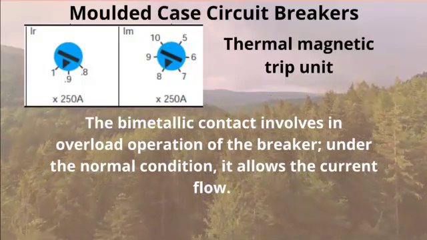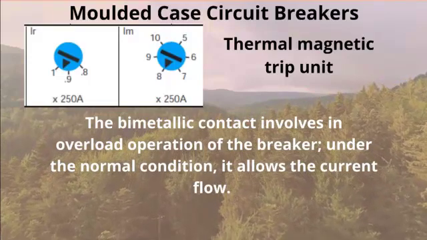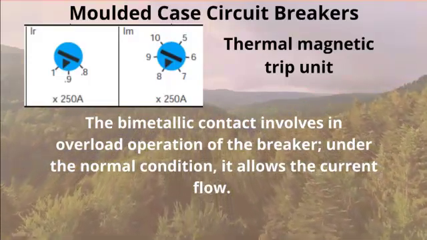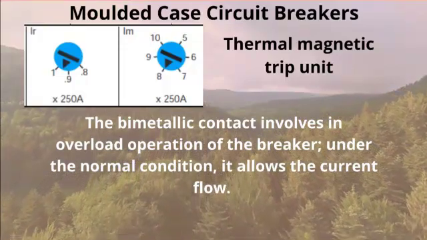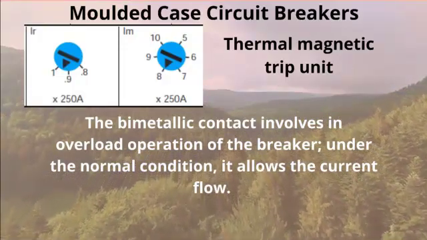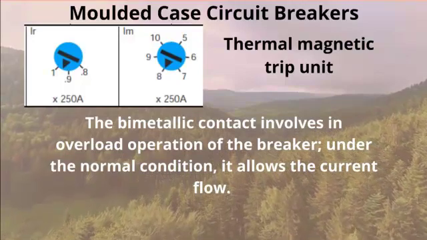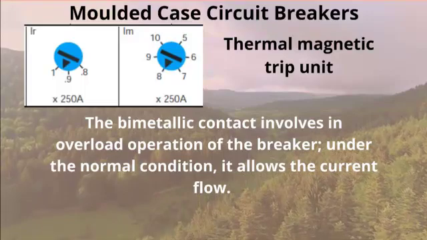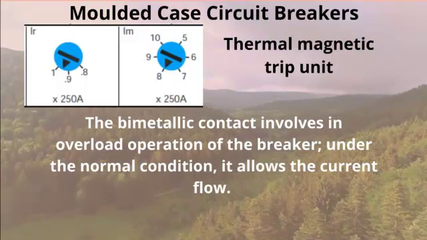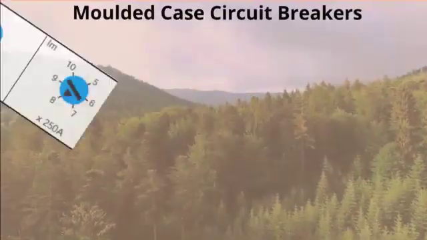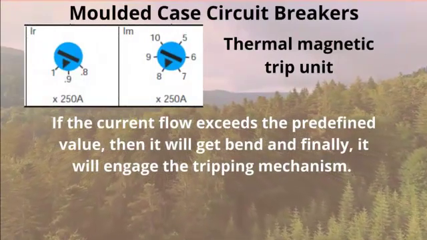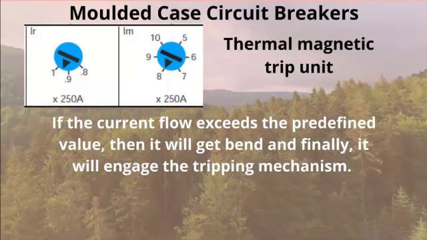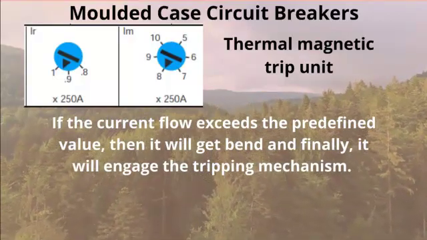Under the normal condition, it allows the current flow. When current flow exceeds the predefined value, it will get bent and finally engage the tripping mechanism.